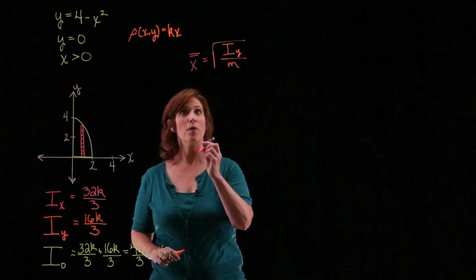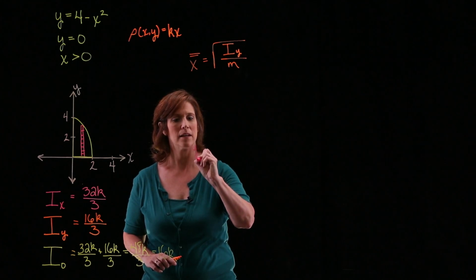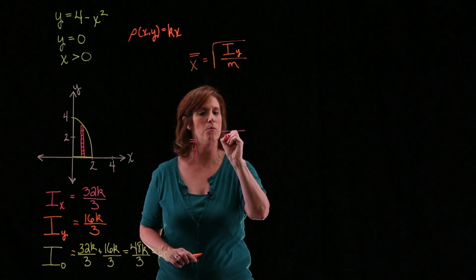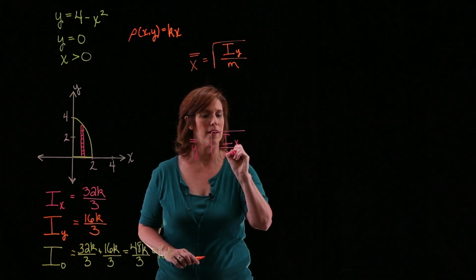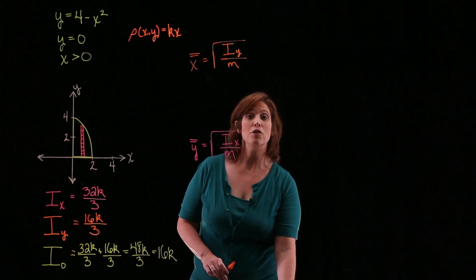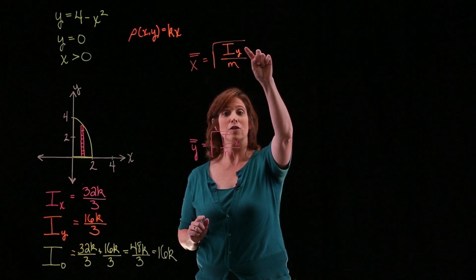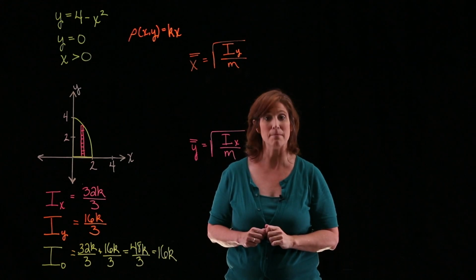And the radius of gyration about the x-axis is defined as the square root of the moment of inertia about the x-axis all over the mass. Now notice that in these two formulas, I've already calculated the moment of inertia about the y-axis and about the x-axis. But what I'm missing here is the mass.